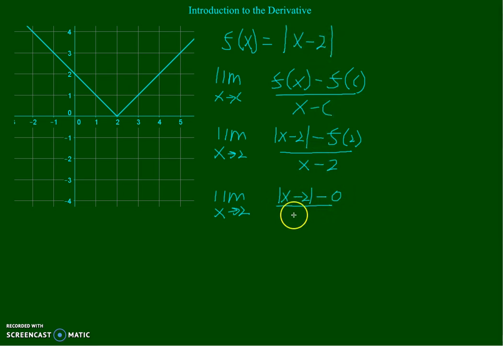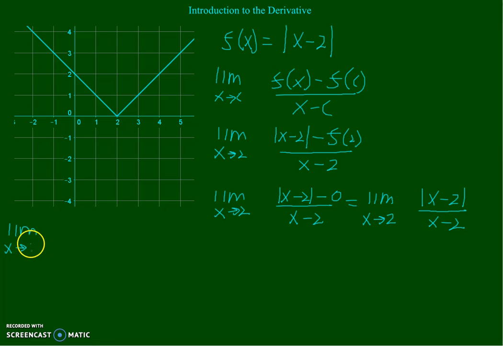Minus 0 over x minus 2, which is equal to the limit as x approaches 2 of the absolute value of x minus 2 over x minus 2. Now what we're going to do with this limit is take it from the left and from the right. So first, let's look at the limit from the left.